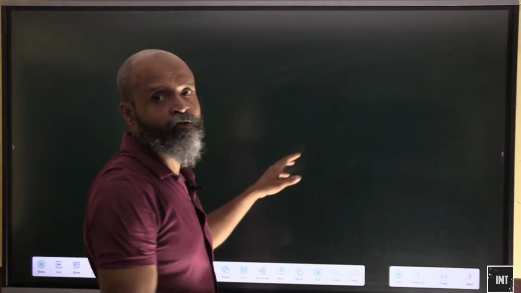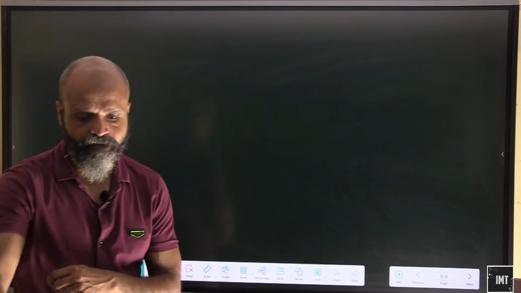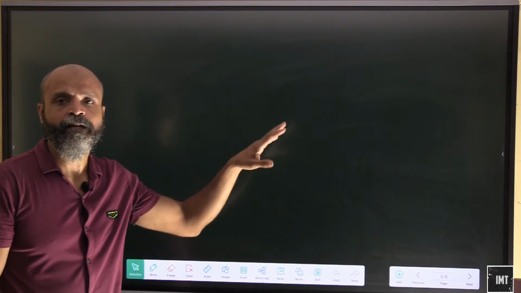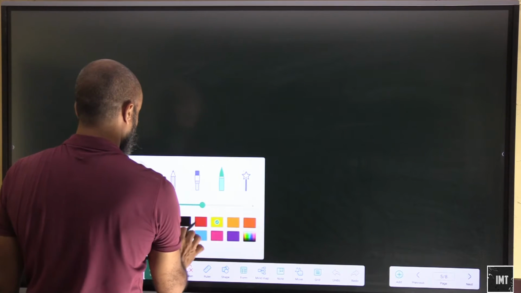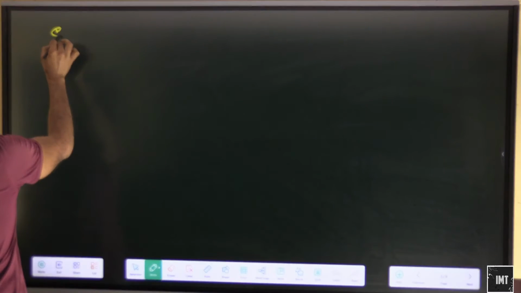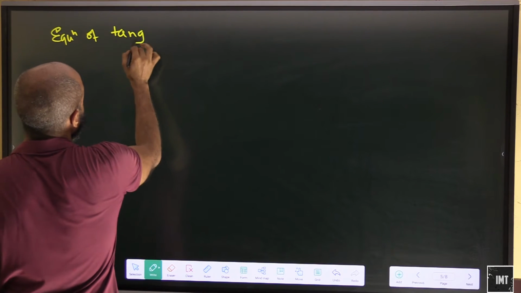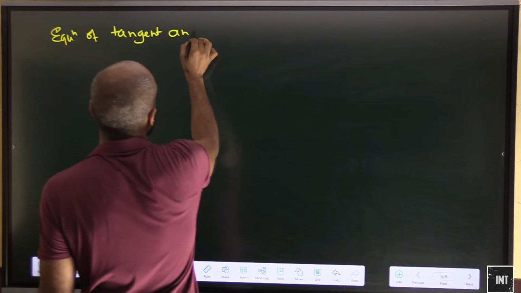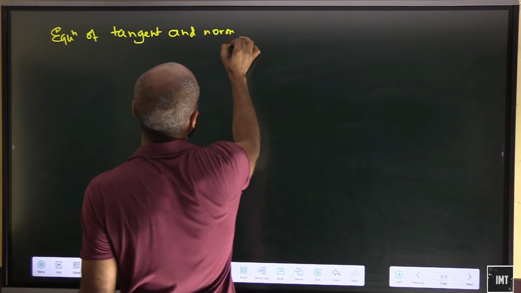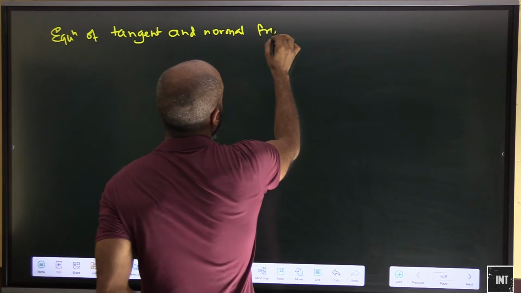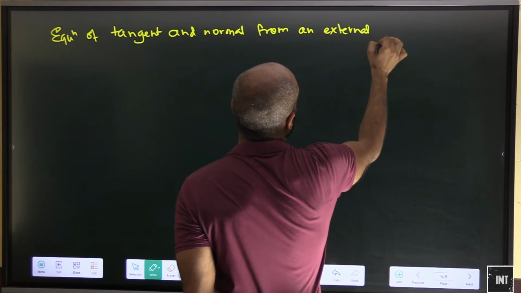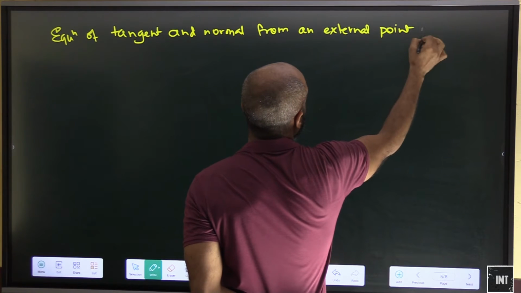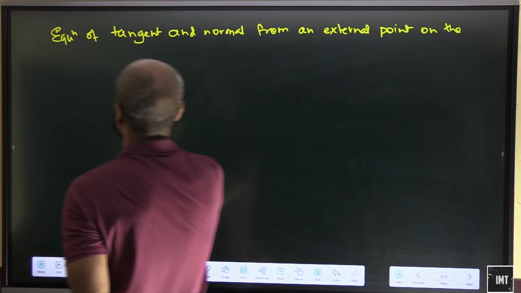Okay, so we are going to start with some more concepts here. The concept that we are going to discuss here is the equation of tangent and normal from an external point on the curve.